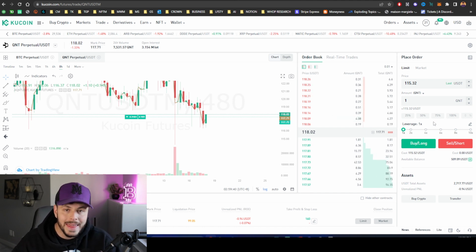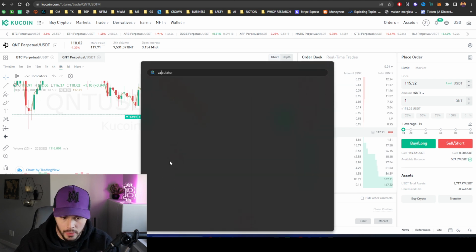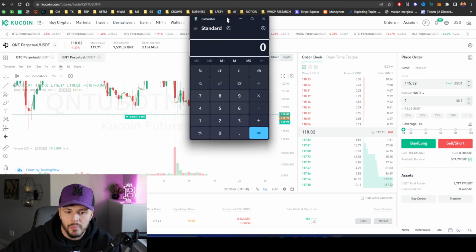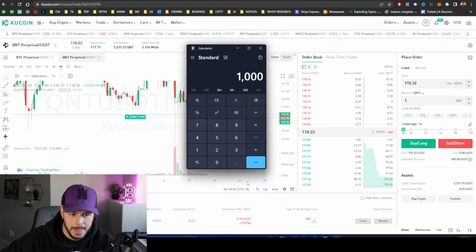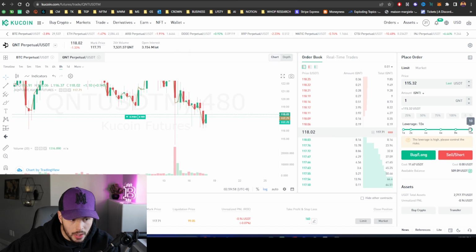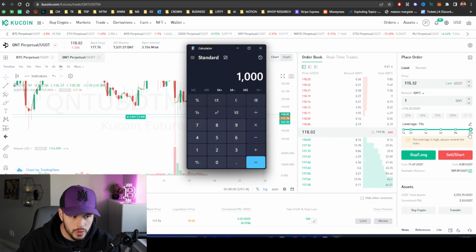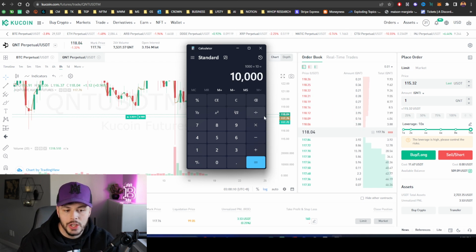So the way that leverage works, let me just blow your mind. If you're a beginner, this is going to blow your mind. We're going to bring out the calculator. Let's say you have $1,000 to trade with, and you want to place a leverage trade. If you place a leverage trade on 10x leverage, so you put 10x right here, what this means is your $1,000 is going to be in, but your position size, the size of your trade, is like you're trading with 10 times that.